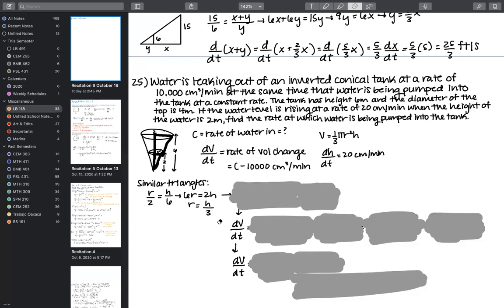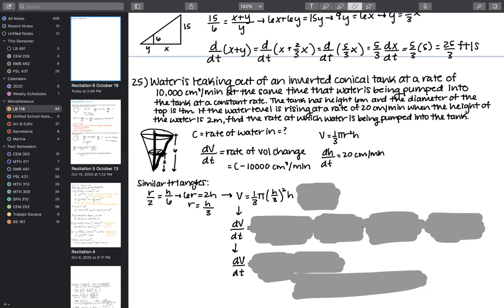And so now we can go into what we're used to seeing for related rates, and we can take dV/dt from this equation, having gotten it in a workable form, where we can plug in this h over 3. We have h and we have r, but what we don't have is anything about the rate at which the radius is changing. We only have the rate at which the height is changing.